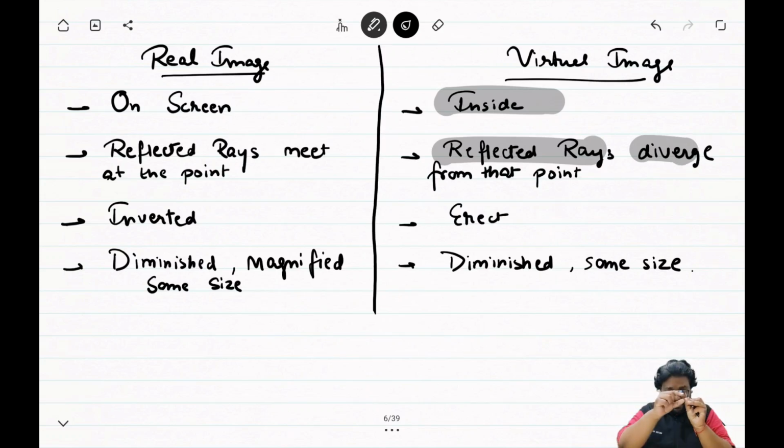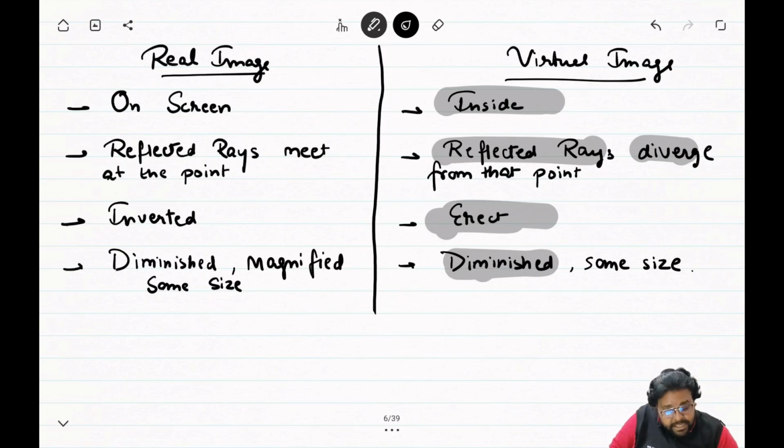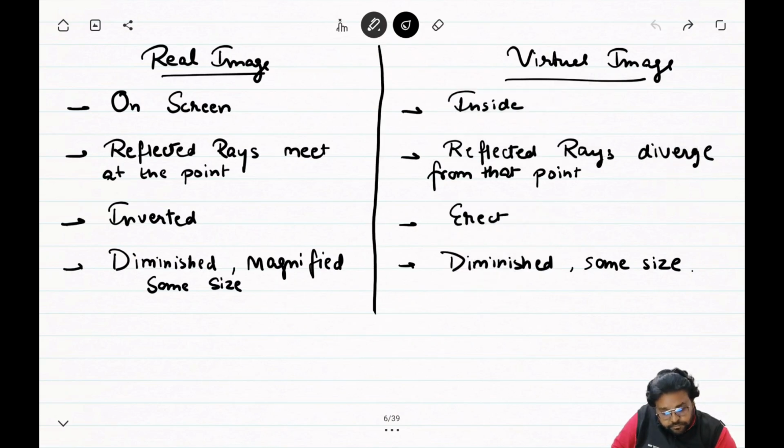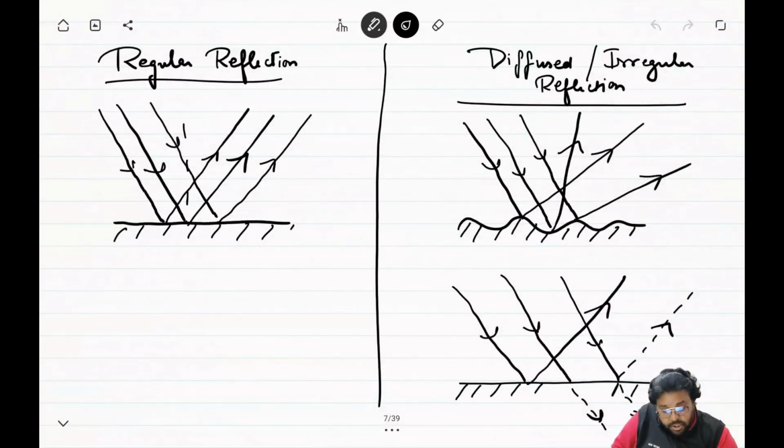The rays come like this, from a spherical mirror, and will diverge. So when we look inside the mirror, it seems the light is coming from inside, from a particular point. The image we get is always erect, and the image can be diminished in spherical mirrors and of the same size in plane mirrors. So these are two types of image.